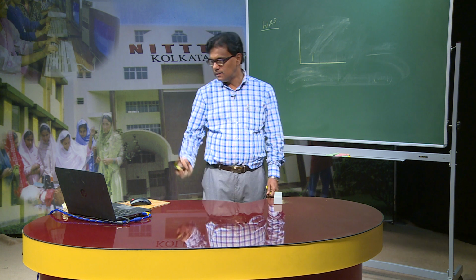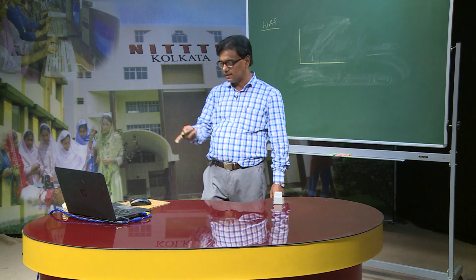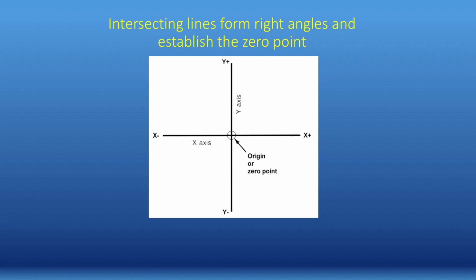So, here you will see this is just the Cartesian coordinate system, x axis, y axis and z axis.